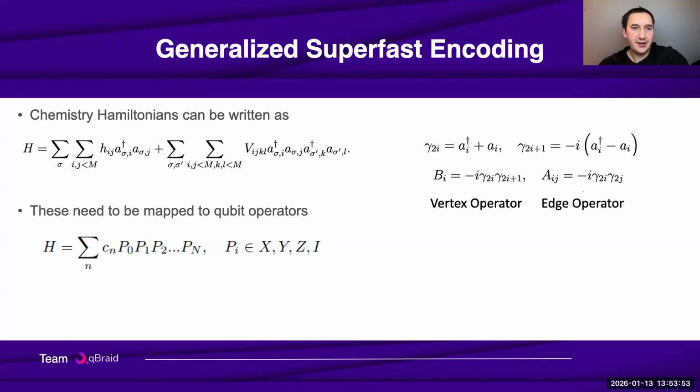This can be done using standard mappings. Another way to do it is to convert these fermionic operators, these A and A dagger, to Majorana operators, and the correspondence between them is given on the right. And then your qubit Hamiltonian is defined in terms of what you call these edge and vertex operators, which are products of these Majoranas.